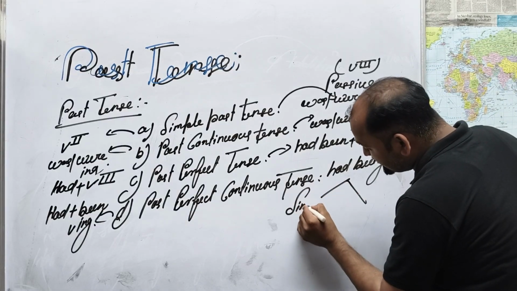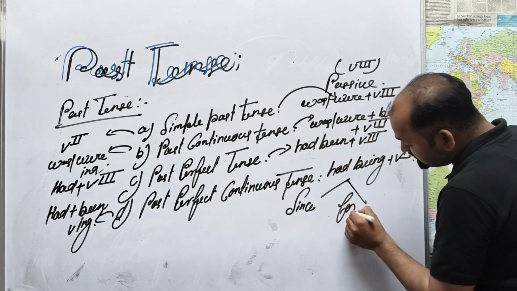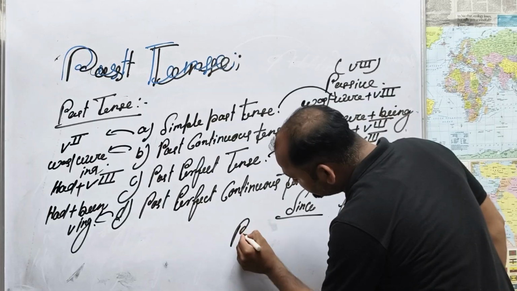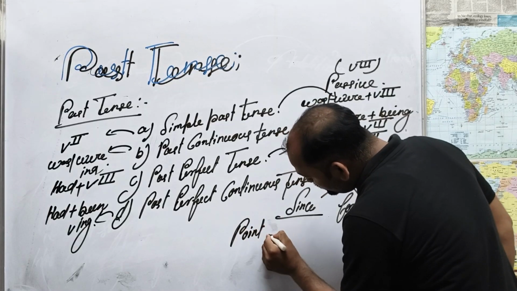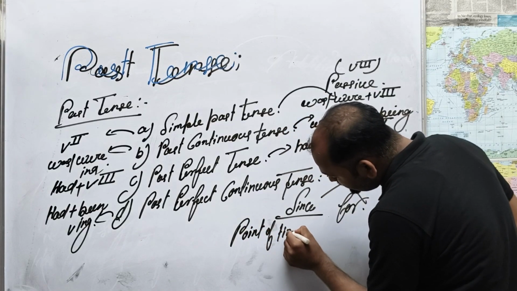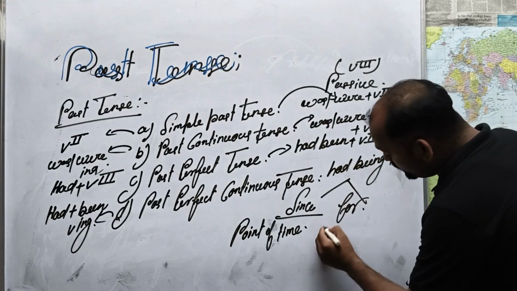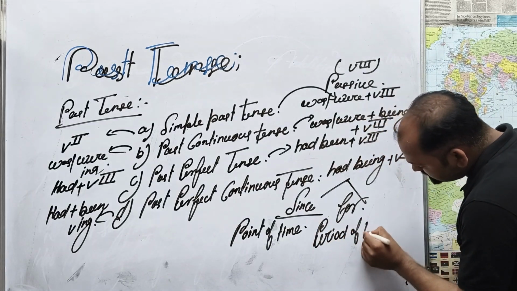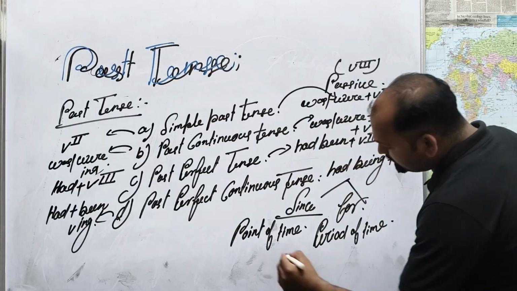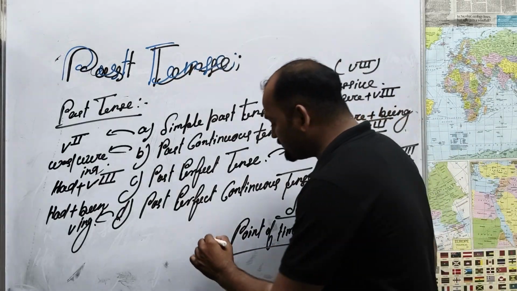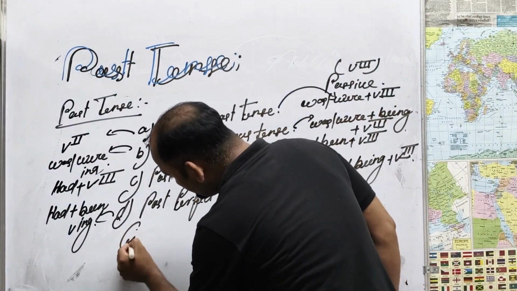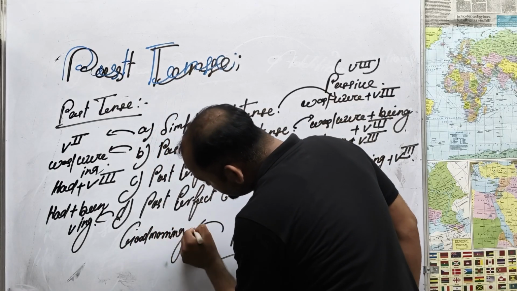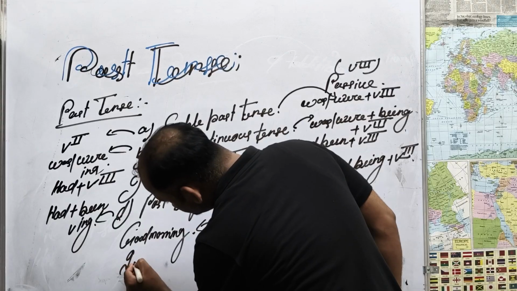Let me say one more thing. I told you previously about the use of since and for. Since is used for point of time, or I said for the period of time. What do you mean by point of time? Point of time is just like good morning, 9 o'clock.